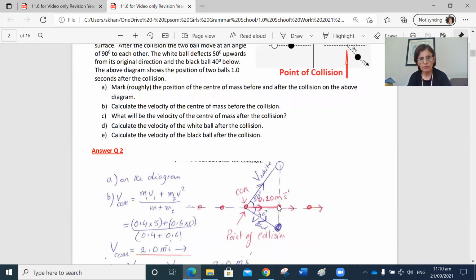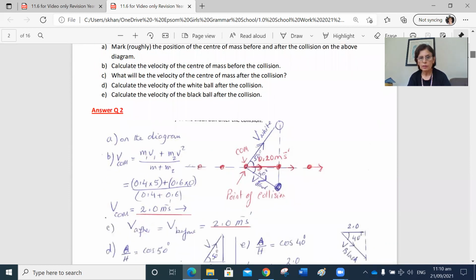One second after the collision, it will have the same velocity, so it would have moved the same distance as it moved here. This vector from here to there shows the velocity of the center of mass after the collision. If we know this velocity, then we can calculate this velocity and that velocity by using geometry, which is done in this question.